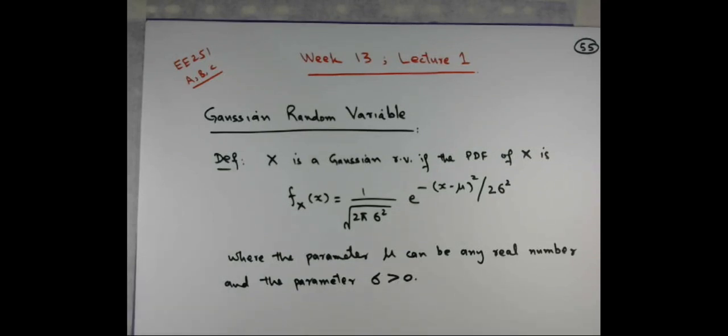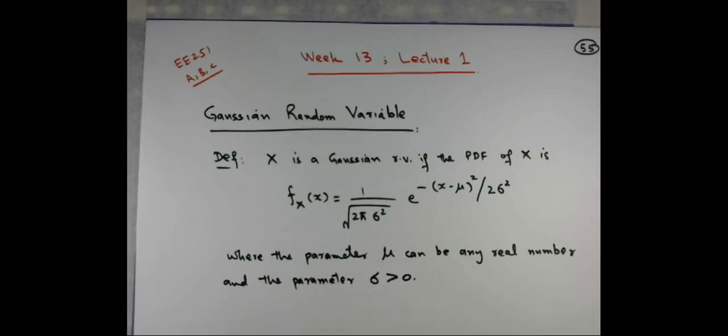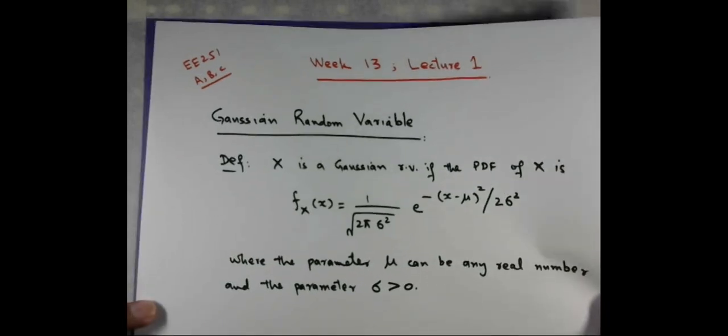This has to be the case because mu is nothing but the mean of the distribution, and sigma is the standard deviation of the distribution. So the standard deviation has to be greater than 0 and the mean can be any real number.